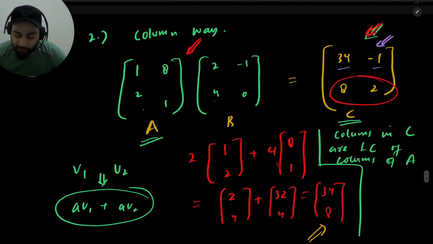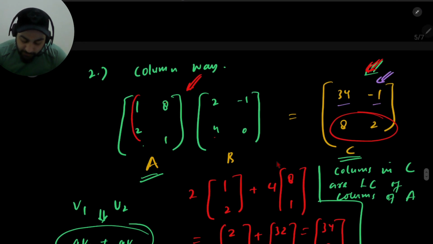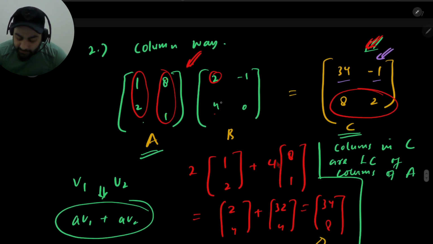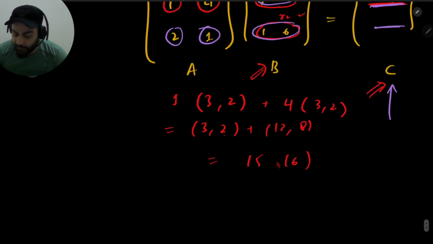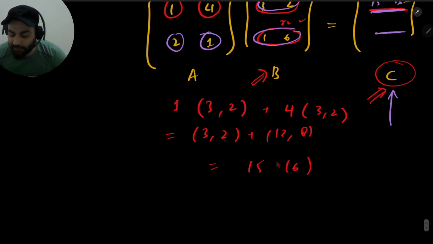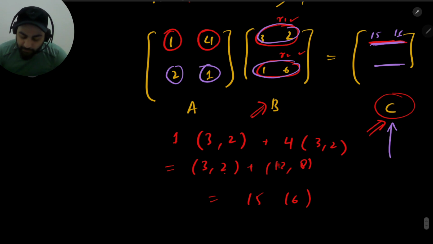Then we had the column way, where we took the columns of the matrix and multiplied them with these factors, taking a linear combination. So the columns of C are linear combinations of columns of A. Now I did the row way, in which the rows of C are linear combinations of rows of matrix B. Are the three methods clear so far?